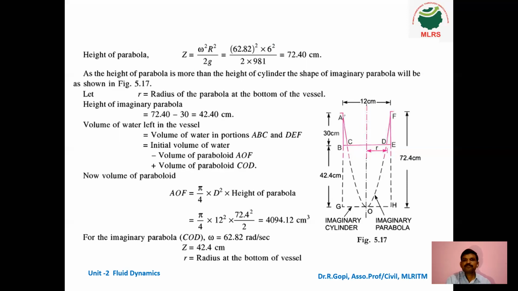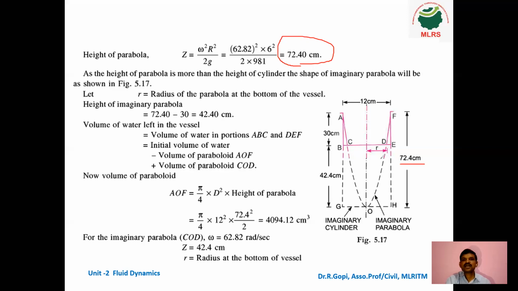Initially the depth of the container is 30 centimeter, but due to the depth of parabola 72.4, we have to imagine that the container height is 72.4 centimeter. So this line from C to D is the imaginary line.